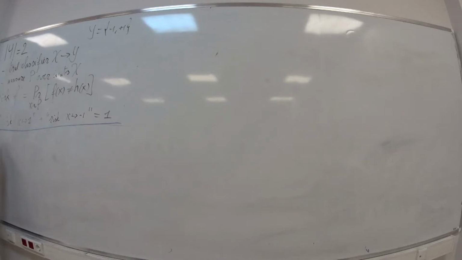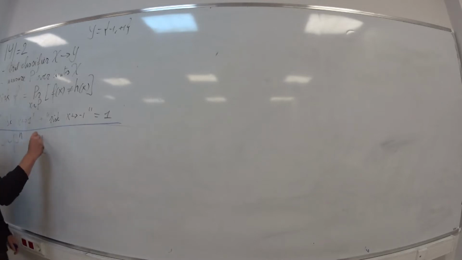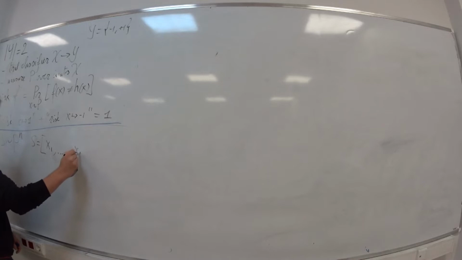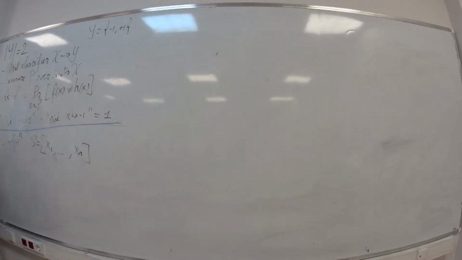There are 4 steps in our testing procedure. In the first step, we collect the training set S over P^n. We take n independent inputs according to P, so S is equal to x1 till xn, picked independently.